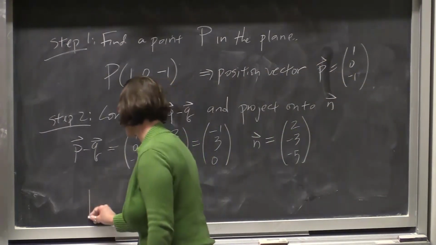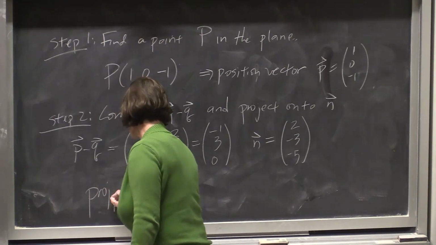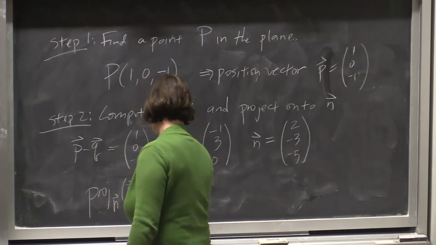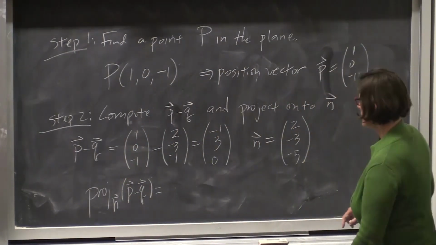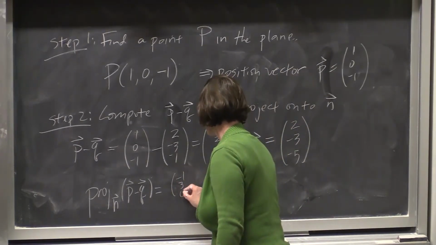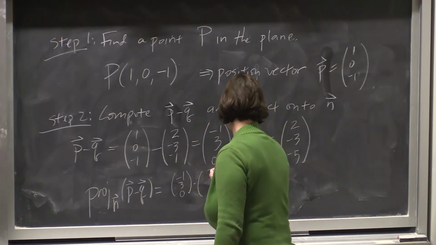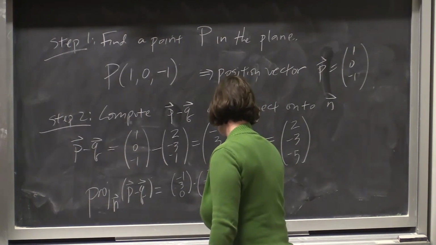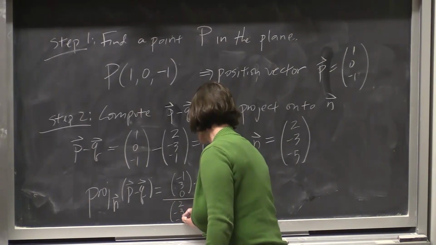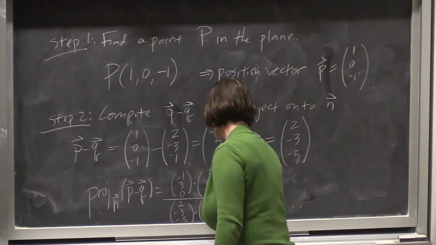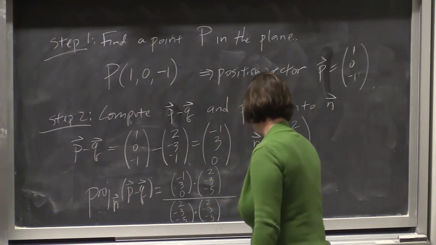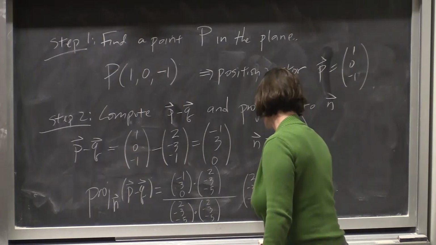And so the projection onto the normal of P minus Q is equal to the dot product of these two. So (-1, 3, 0) dot (2, -3, -5), divided by (2, -3, -5) dot (2, -3, -5), times the vector (2, -3, -5).